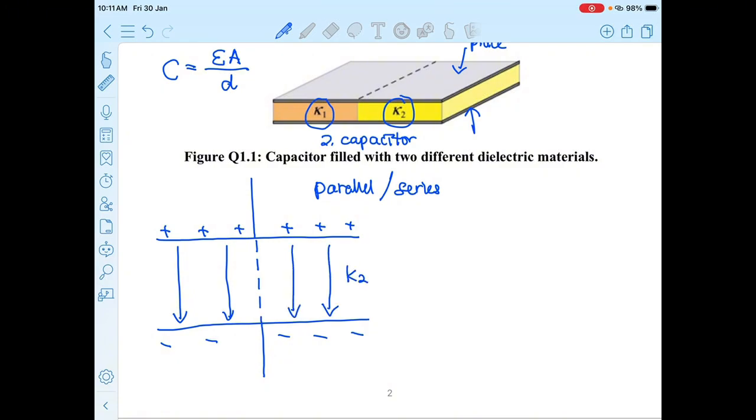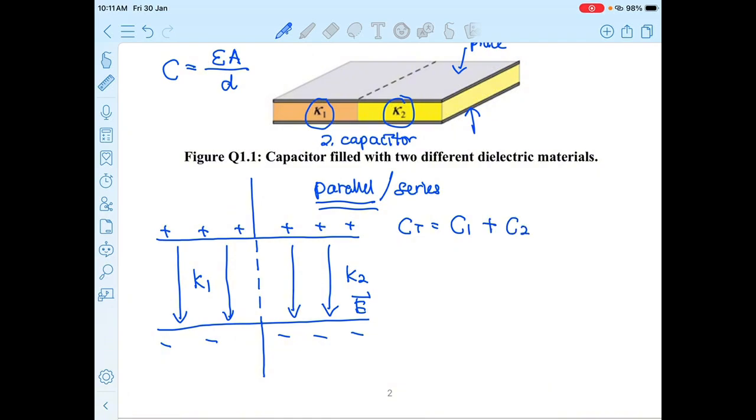The electric field has options whether to propagate in K1 or K2. When it has options, it means this is a parallel configuration. So for parallel capacitance, the total capacitance is C1 plus C2.